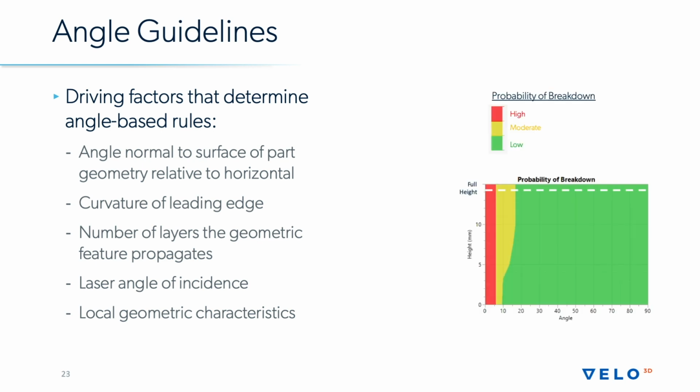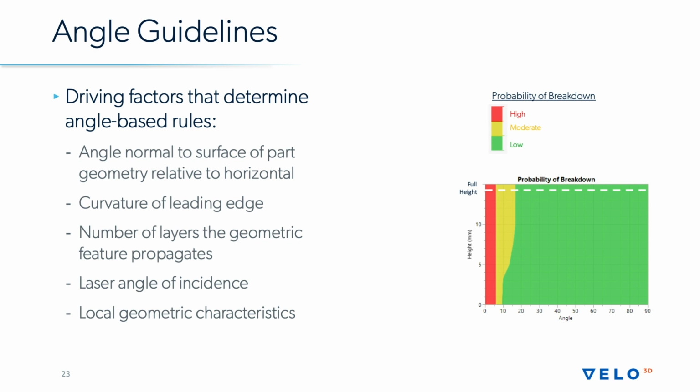What I'm going to use for the next few slides to describe whether you need supports or not is what I'm calling a probability of breakdown plot. This is a contour plot showing your probability of breakdown being high, moderate, or low. Low meaning you're pretty safe that regardless, you're not going to have to worry about any sorts of breakdowns.